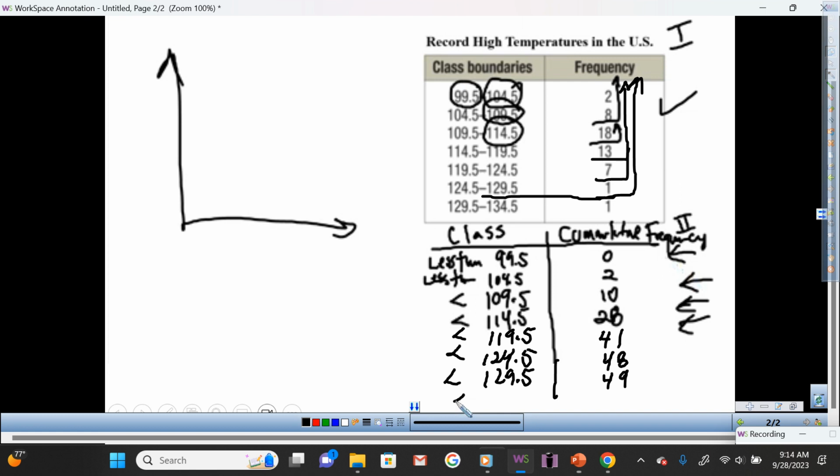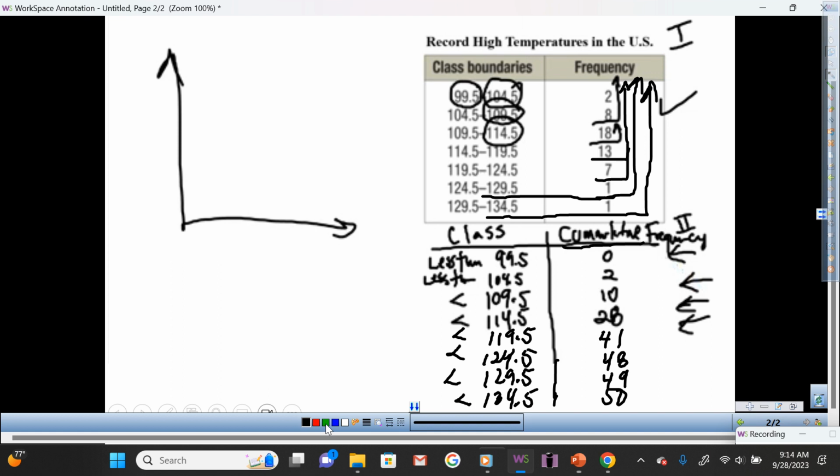And last but not least, less than 134.5. Caleb, what do we get? 50, yes, because we go from here and add all of them together. Why? Because it's called what? Cumulative.